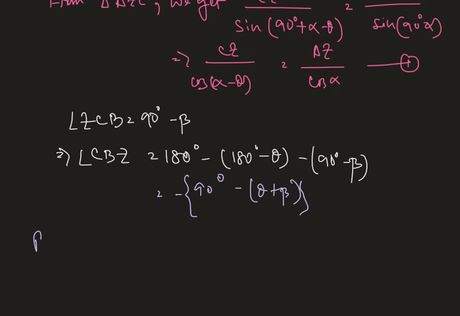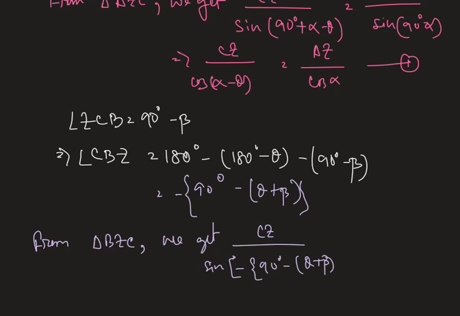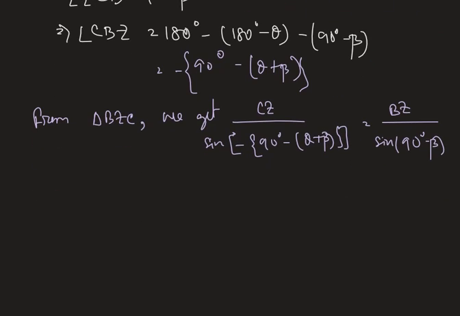Now from triangle BZC we get CZ divided by sine of minus 90 degrees minus theta plus beta is equal to BZ divided by sine 90 degrees minus beta, and this implies that CZ divided by minus cos of theta plus beta is equal to BZ divided by cos beta.